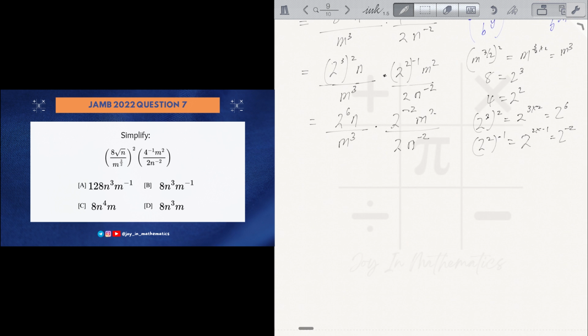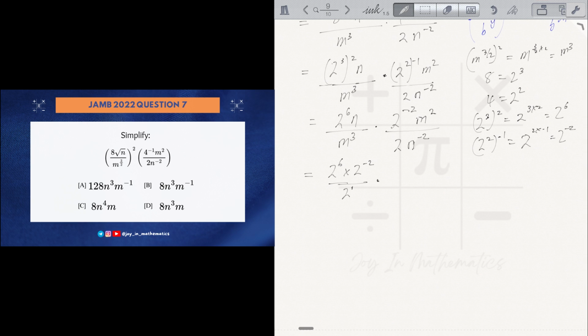Every value of 2 should move under a single division sign. Every variable of m should move to a single division sign, and likewise n. So 2 raised to the power of 6 multiplied by 2 raised to the power of minus 2 divided by 2 raised to the power of 1. We have dealt with this, and this. Now let's deal with m.